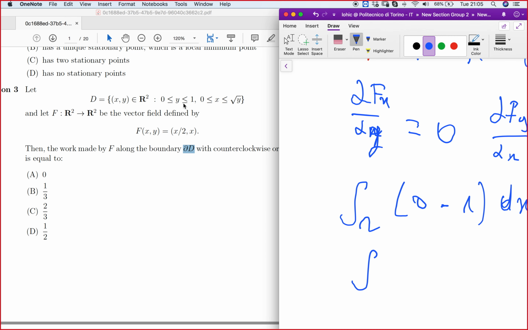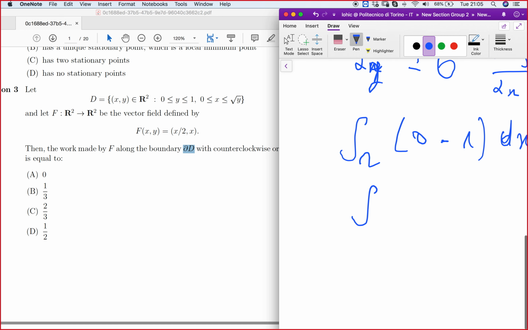It was from 0 to 1 and then from 0 to root y. So it's the integral from 0 to 1, then the integral from 0 to root y of minus dx dy, right?